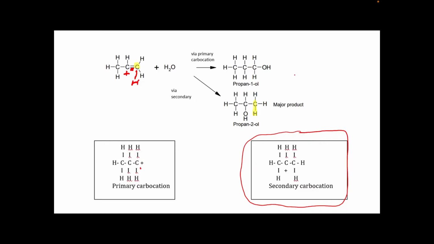So because to form propan-2-ol we go via a secondary carbocation, and to form propan-1-ol, we go via a primary carbocation, the major product is the propan-2-ol, because the secondary carbocation is much more stable than the primary one.